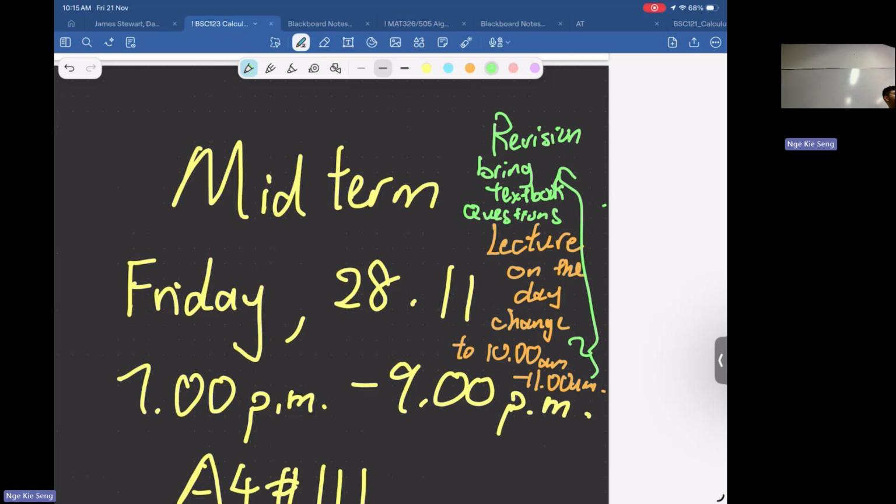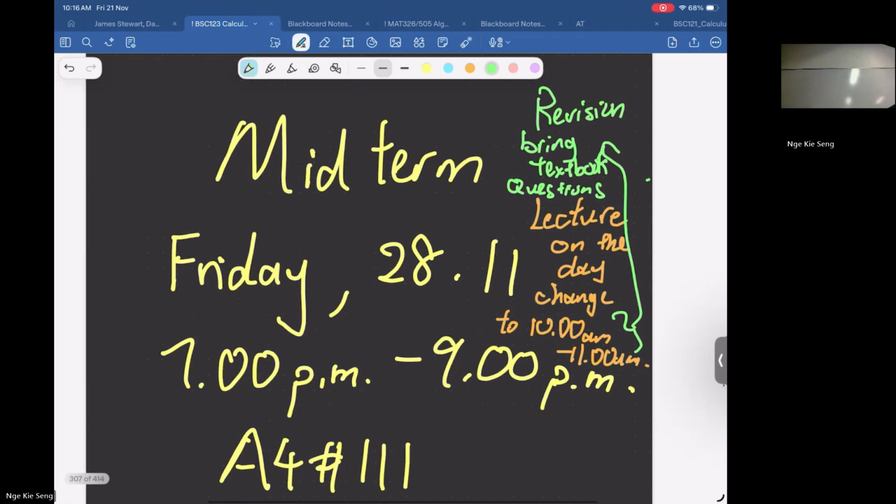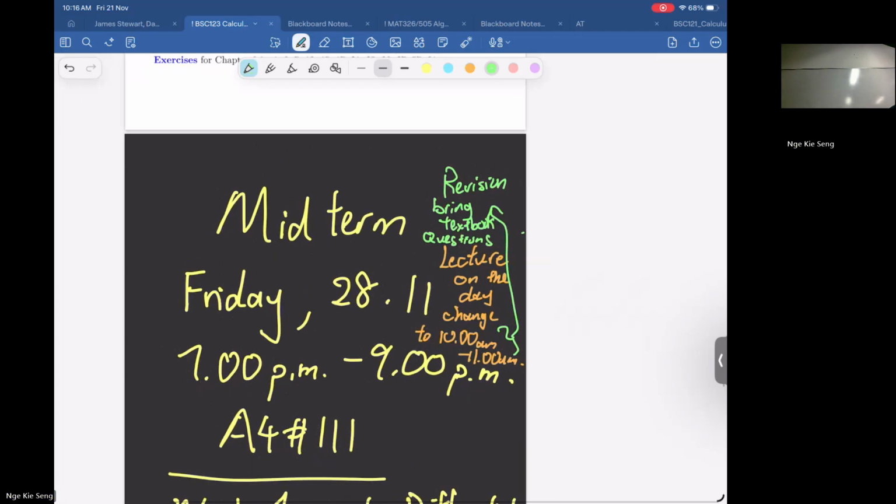It will be paper based. Yes. Bring what? No need, we will provide it in the exam paper. So it's different here: no cheat sheet.